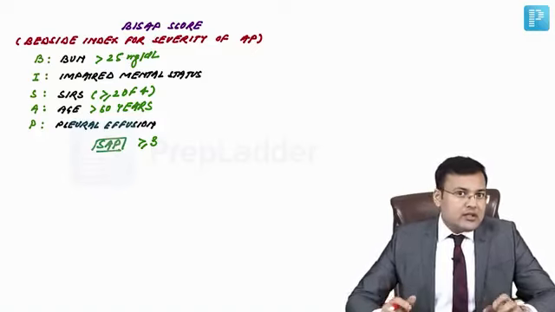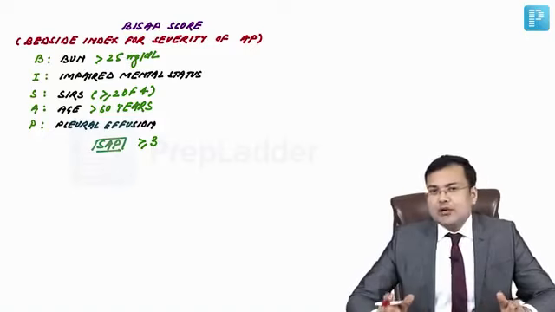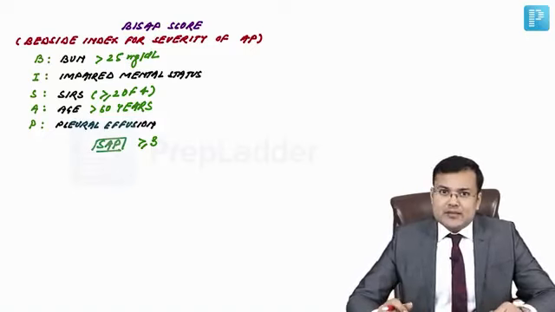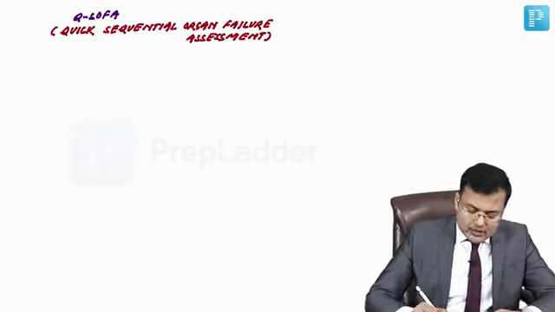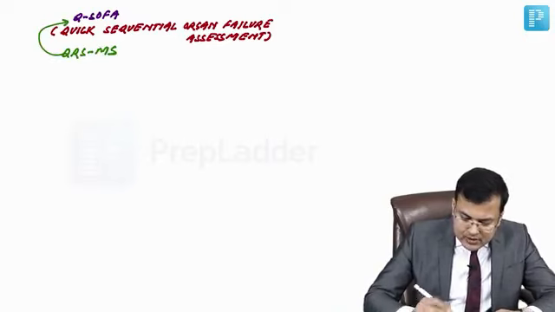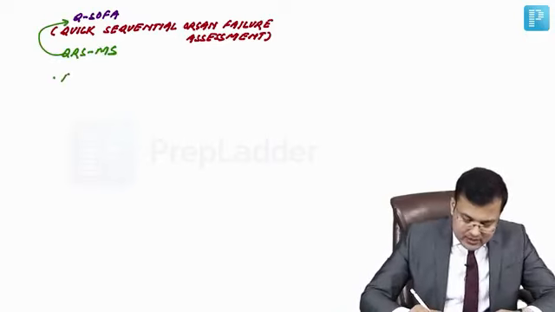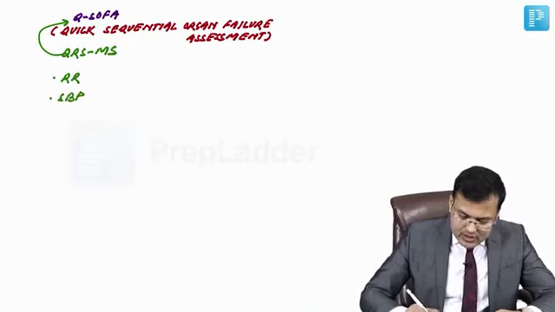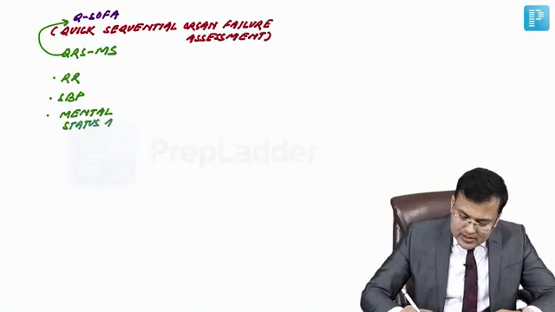The third important is QSOFA, quick sequential organ failure assessment. So how to remember this QSOFA? The mnemonic is QRS-MS. Here Q means QSOFA, R means respiratory rate, S means systolic blood pressure, and MS means mental status alteration.